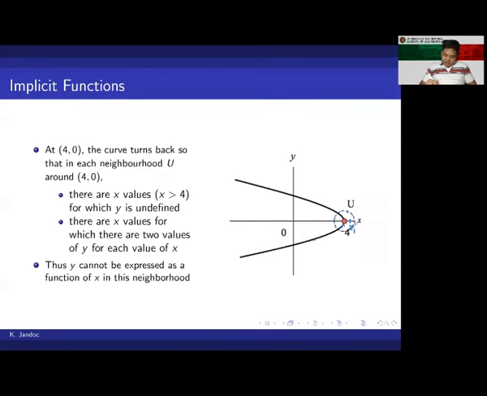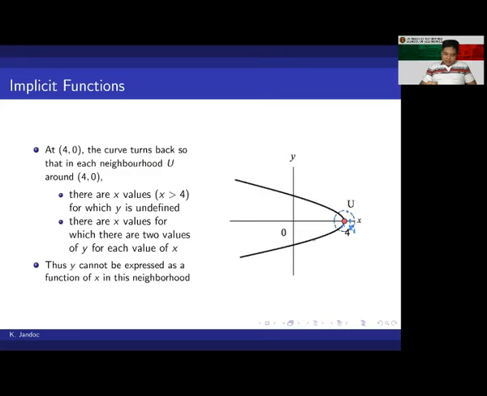At x1, you don't have a corresponding value for y, meaning that it doesn't hit the curve when you're at x1. So this is what we had said a while ago. For values greater than 4, this function is undefined.